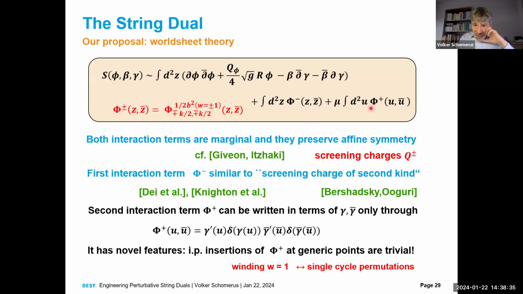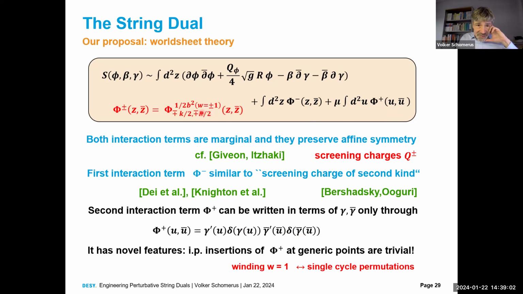The second screening charge here is somewhat unusual, less common. It can actually be expressed entirely in terms of the beta gamma system, and has a few features that maybe I have time in a moment to explain a little bit more. Now, naively, of course, the second screening charge that we insert looks almost trivial in our context.